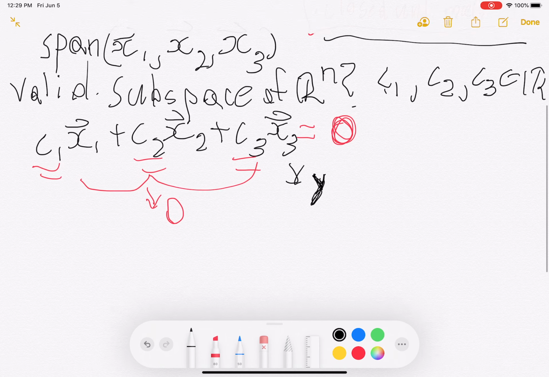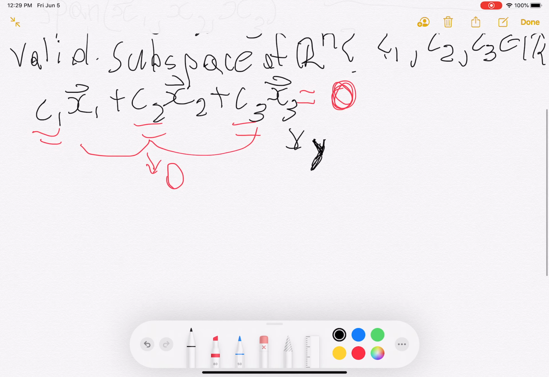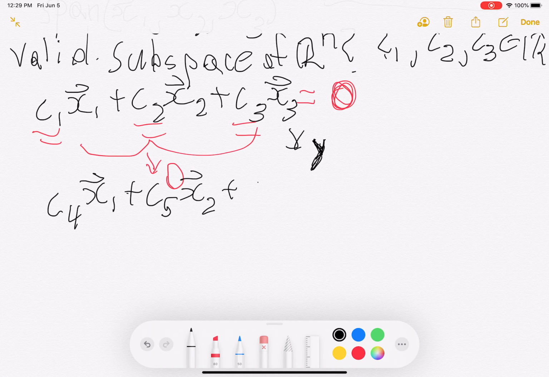So that makes up this linear combination here. And let's take another linear combination, let's say that's equal to c4 x1 plus c5 x2 plus c6 x3.